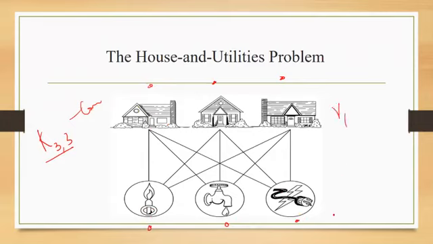If this is the set V1 and that is V2, then all the vertices of V1 are connected to all the vertices of V2. So this can be modeled as a K3,3 complete bipartite graph with three vertices in each set. Can we draw it in a plane in such a way that no two edges overlap or cross?